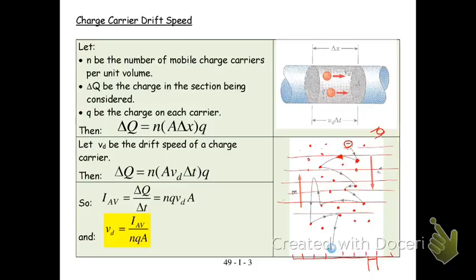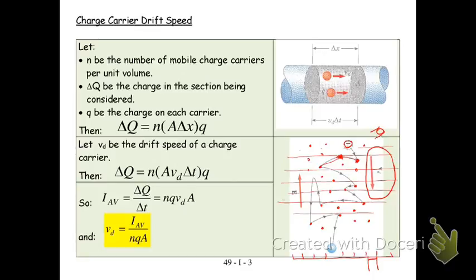It's actually traveling quite fast along its path. But because it keeps hitting these things, its actual progress is quite slow. So we've got to distinguish between the so-called drift velocity and the actual velocity, the actual speed of the thing.